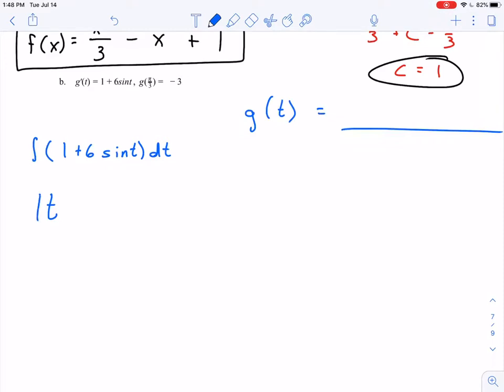So I really have just 1t, but we would probably just write that as t. So t plus, here we need to be a little bit careful. We've got a trig antiderivative that we need to find. So let's see, that's 6. No, that's a constant multiple. That's just going to come down. And let's see, antiderivative of sine of t. Maybe I think, okay, that's cosine of t plus c.